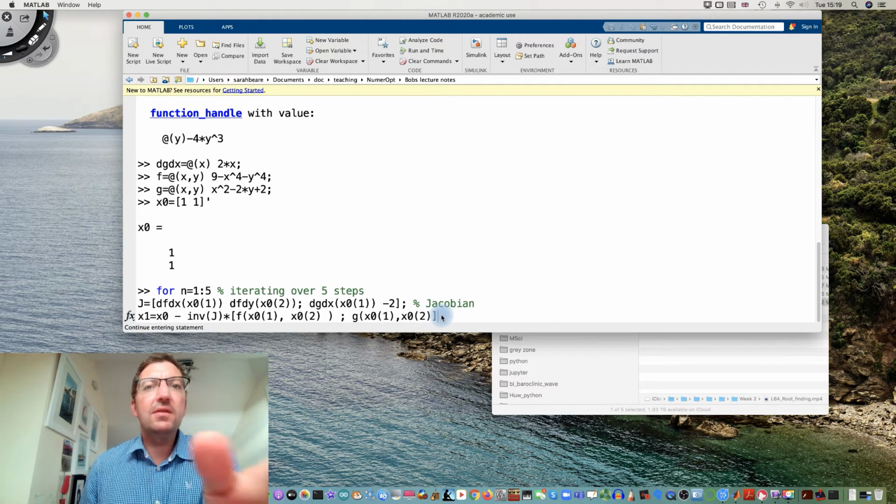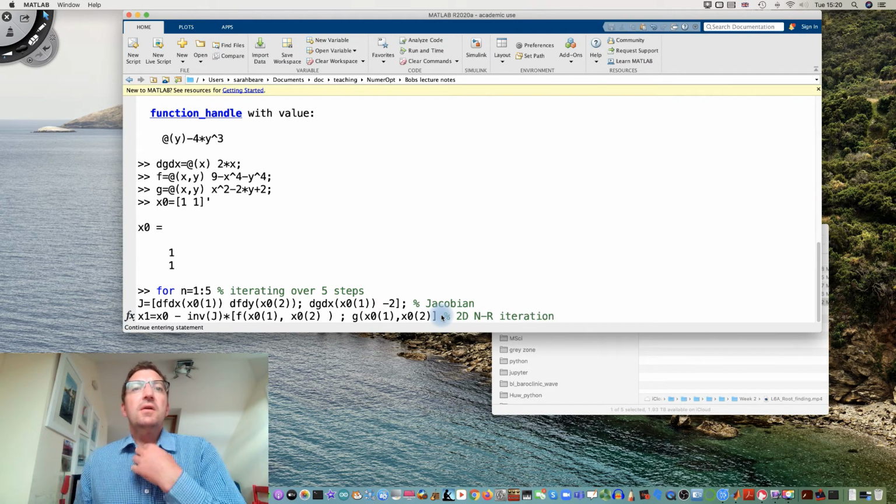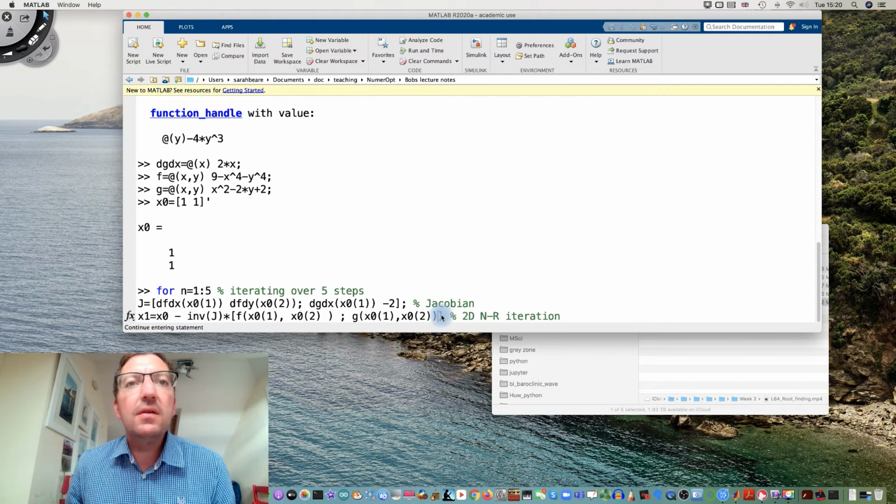Identify these various things. So this is our 2D Newton-Raphson iteration, and that's basically a big F. And I think I missed brackets off here. That's it.